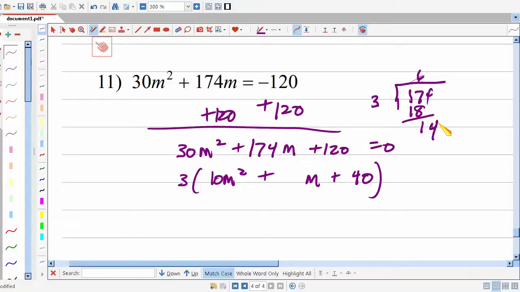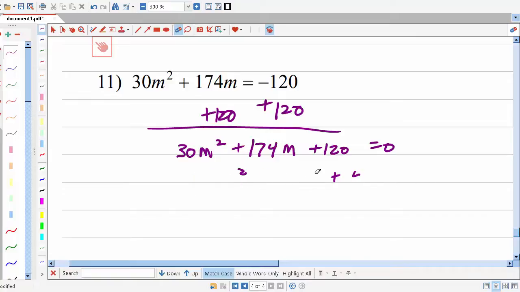You know what? I think I'm just going to skip this problem because the numbers are way too big. Well, let me divide out a 2 instead of a 3. I guess it turns out that those terms are not divisible by 3. So let's try a 2.